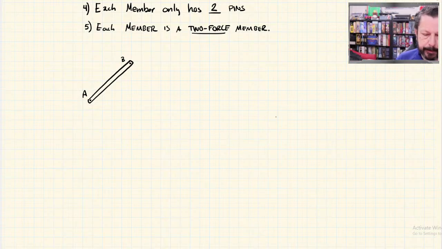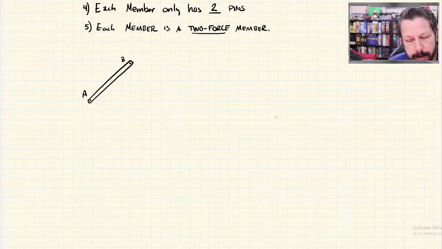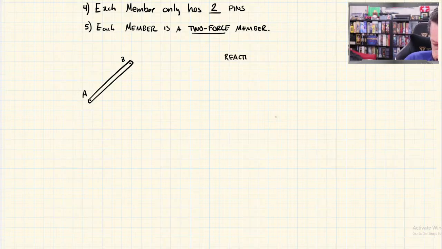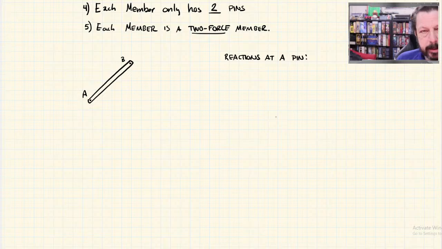I don't remember how much you might recall about reaction forces at different fixtures, but the reactions at a pin. I hope everybody knows what I mean by a pin. I'm just talking about something like this.